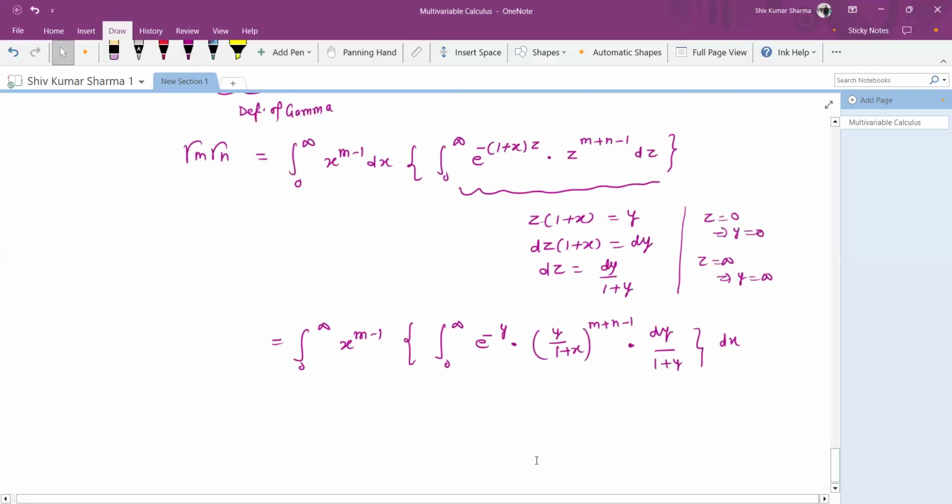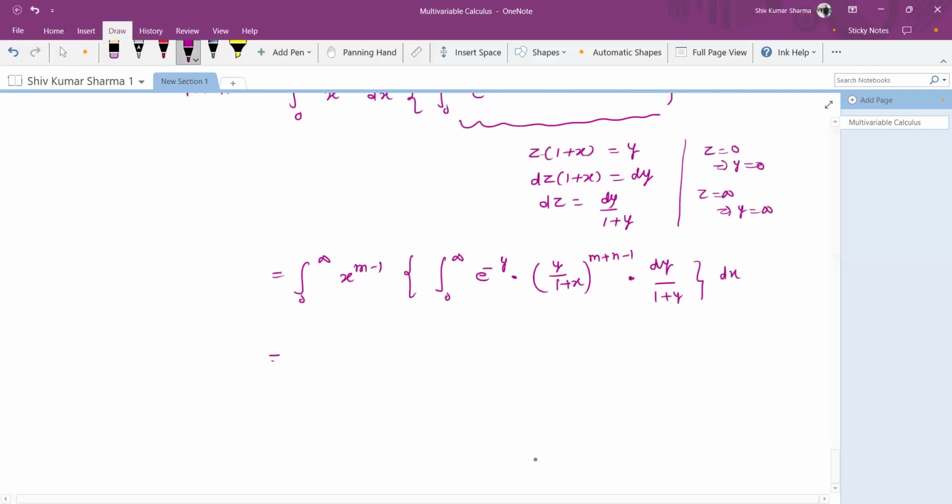You can write this now as the integral from 0 to infinity of x raised to the power m minus 1. We simplify this as the integral from 0 to infinity of e raised to the power minus y, and y raised to the power m plus n minus 1 into dy.